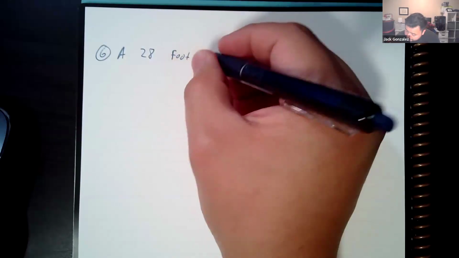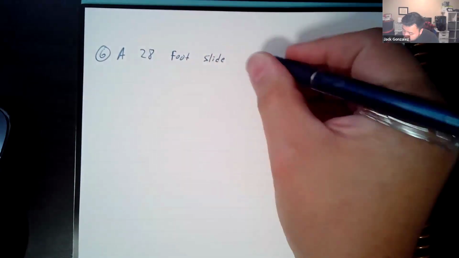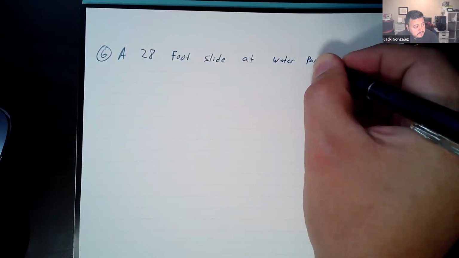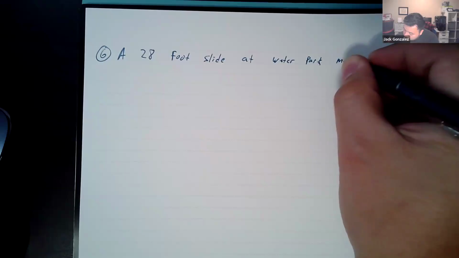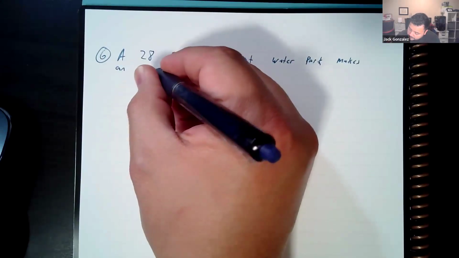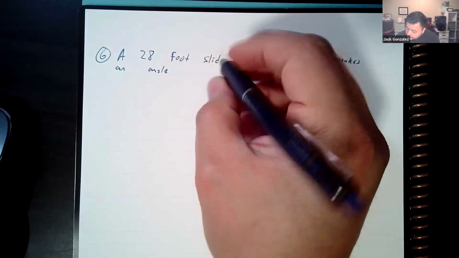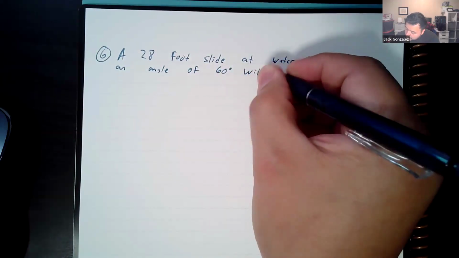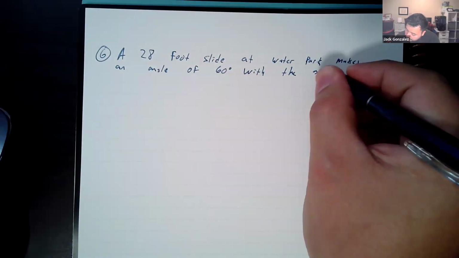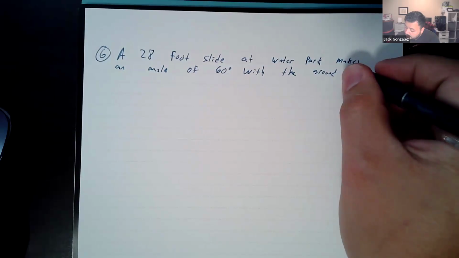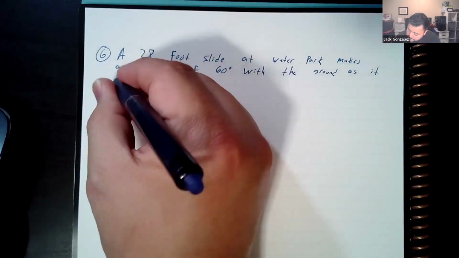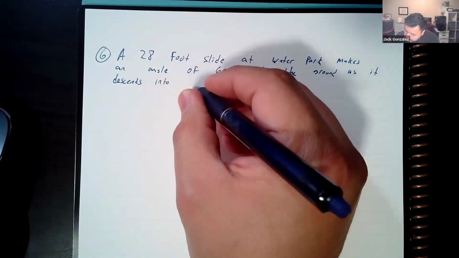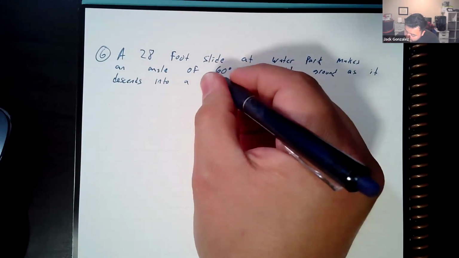So a 28-foot slide at a water park makes an angle of 60 degrees with the ground as it descends into a pool.